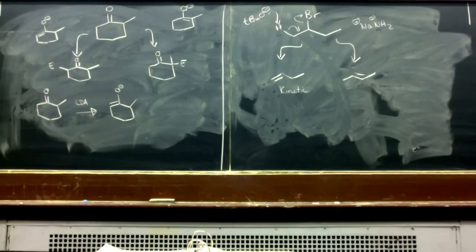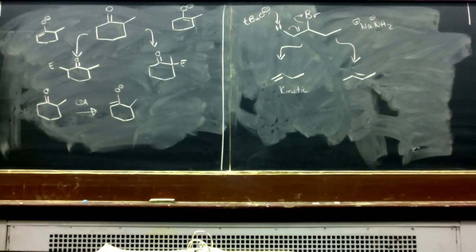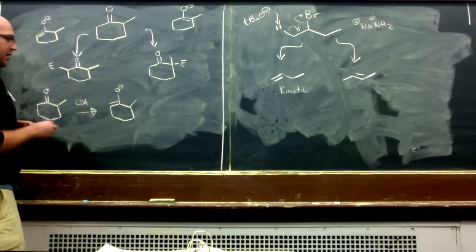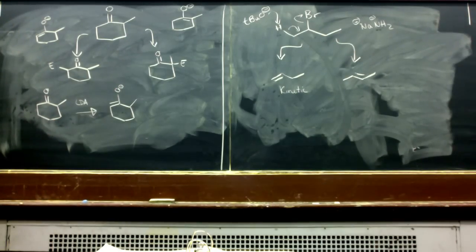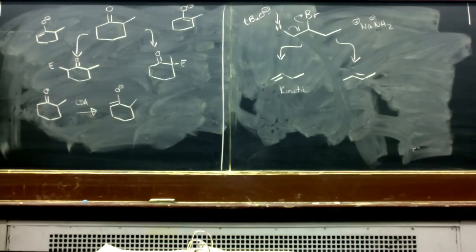Okay? Now, let's pretend we're in a situation where this molecule can react, and you give it enough time and you allow it to equilibrate. You can imagine a scenario where this enolate begins to deprotonate the alpha proton on a subsequent additional molecule.